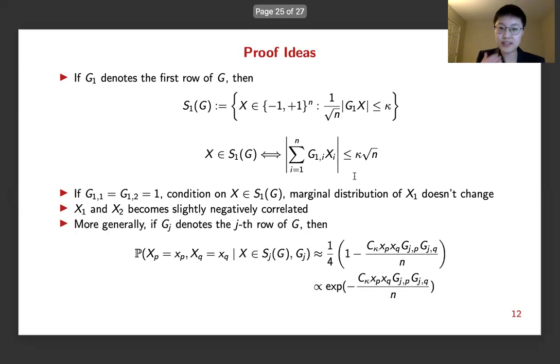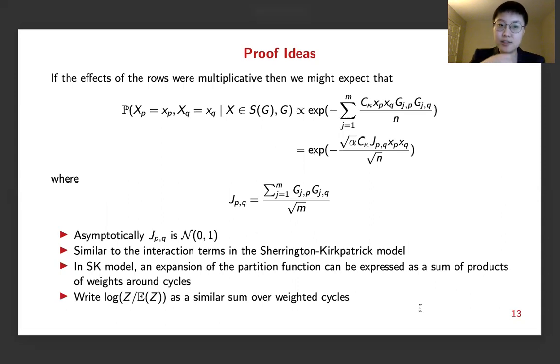We can do a more detailed computation and say how large this correlation is, and the probability distribution is proportional to this form. And if you assume that the effects of the rows are multiplicative, then we might expect to see that the probability distribution is proportional to this form.